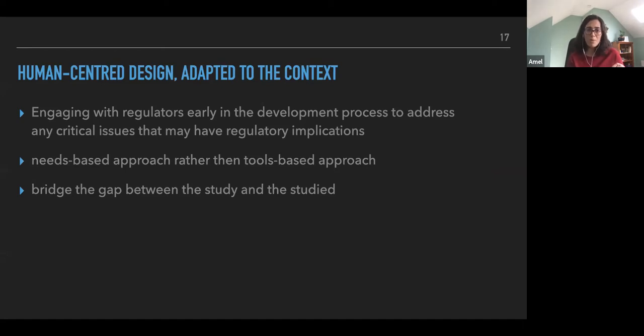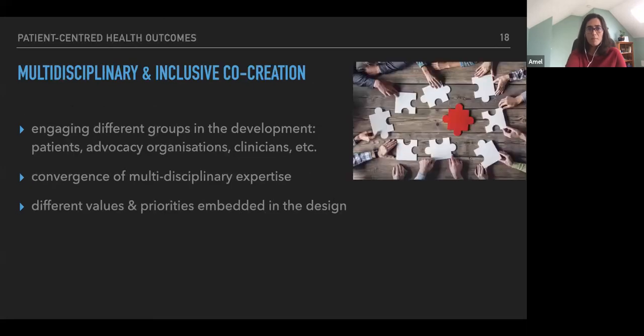It is also very important to try to bridge the gap between the community we're studying and the study itself. And also another important step is to engage with regulators very early on in the development process in order to address any critical issues that might have regulatory implications later on in the process.